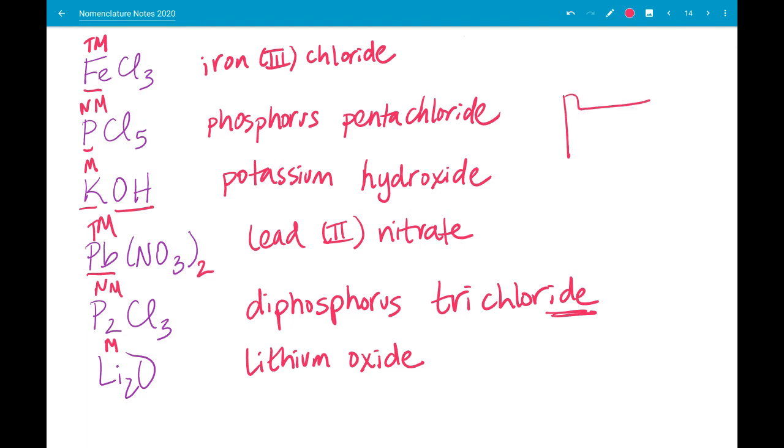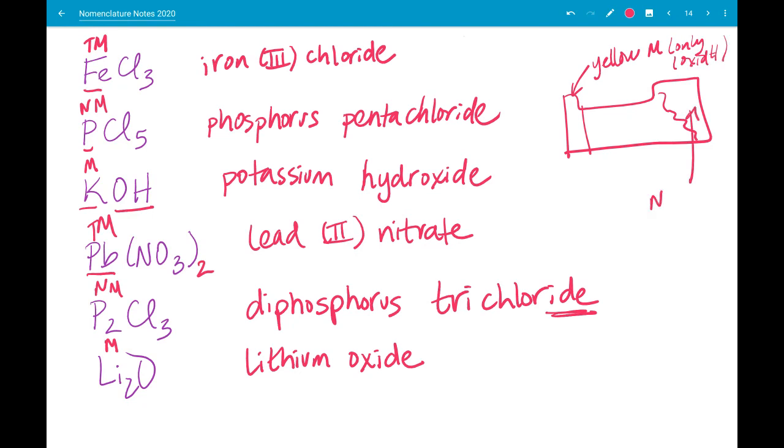One thought that you might want to do is, you have that stair-step line, you might want to color, let's say yellow, all the metals that have only 1 oxidation number. Color your non-metals a different color, let's say blue, which means you're going to need prefixes.